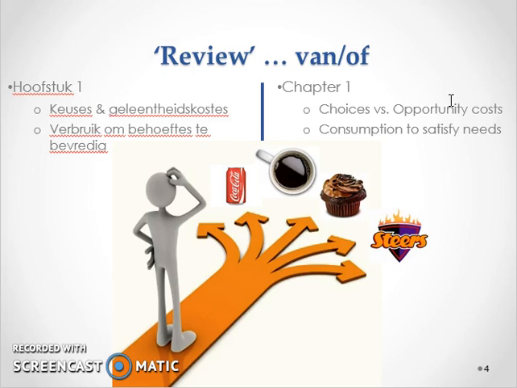Cardinal utility means we can somehow give a value to a specific good, or to the satisfaction that it provides us. Cardinal utility is what we're going to use. We are saying that we can actually measure the consumption of a specific good through cardinal utility, so we can give a value of utility for each good that we consume.